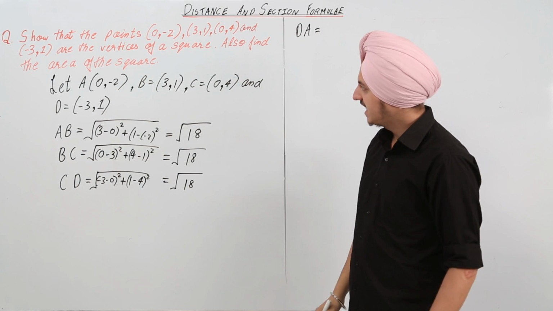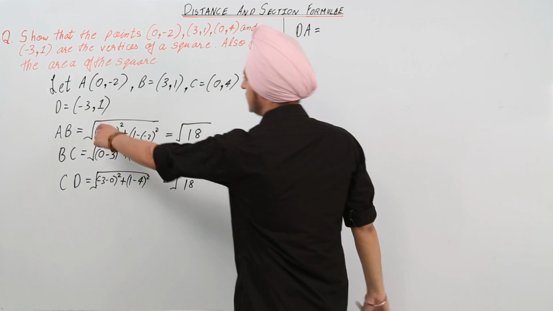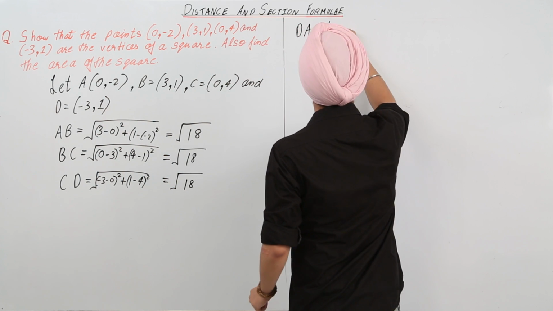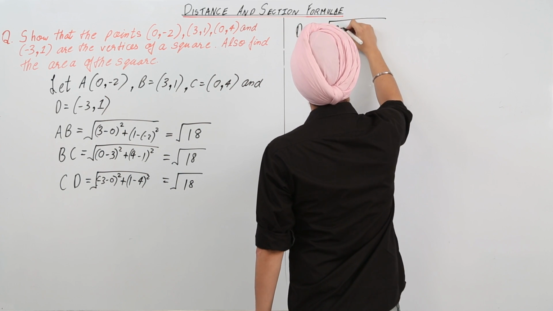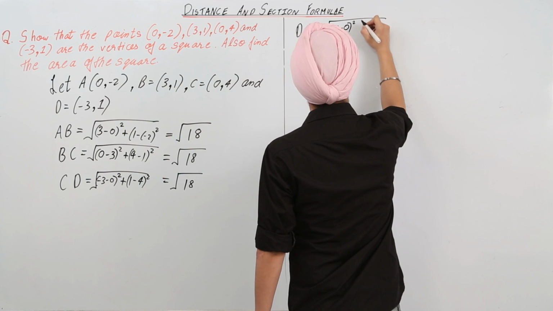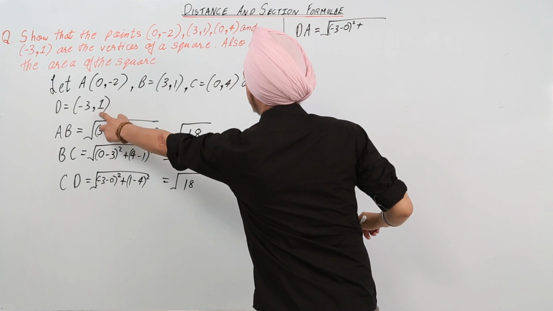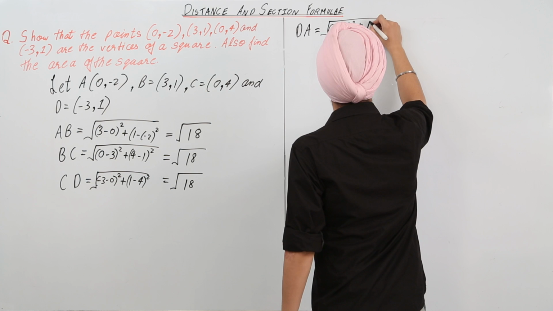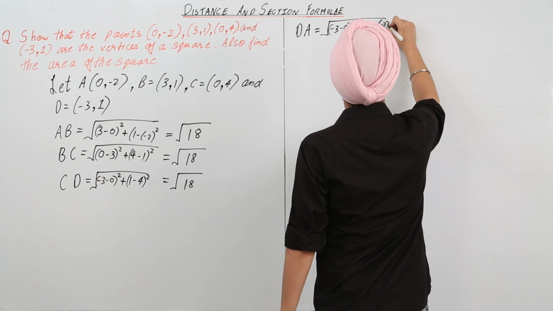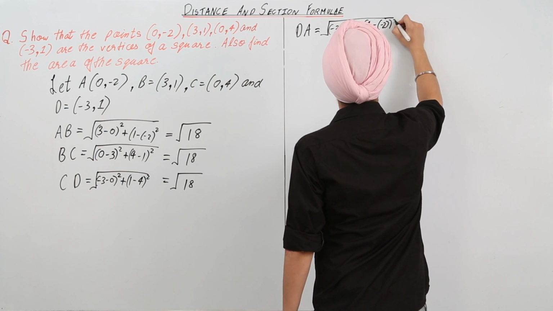DA will be equal to the square root of (-3 minus 0) whole square plus (1 minus of minus 2) whole square.